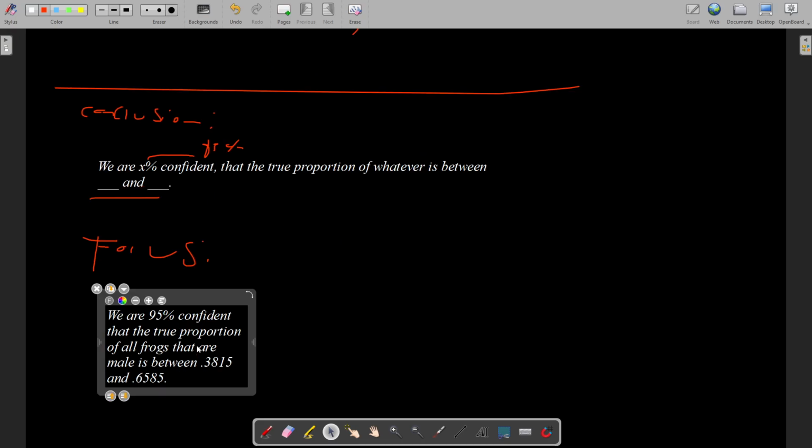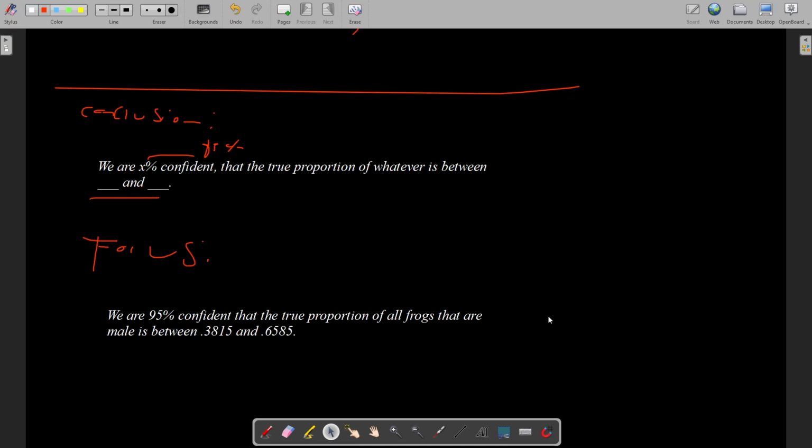So essentially, if we took multiple samples and did a confidence interval for each sample, 95% of them would contain the actual p-value. And in this interval, we're just saying that we're 95% confident that it's between these two values.